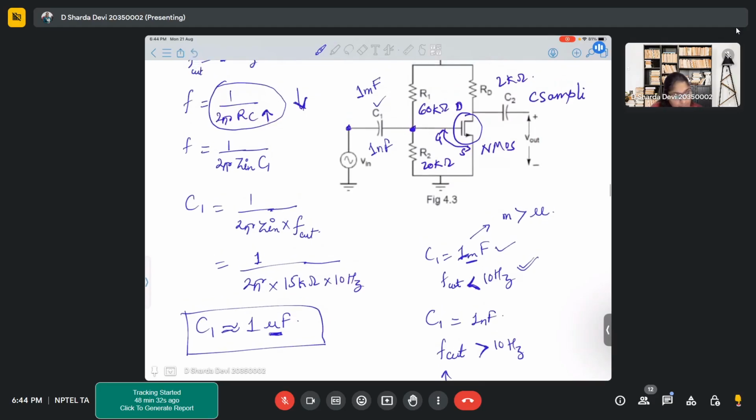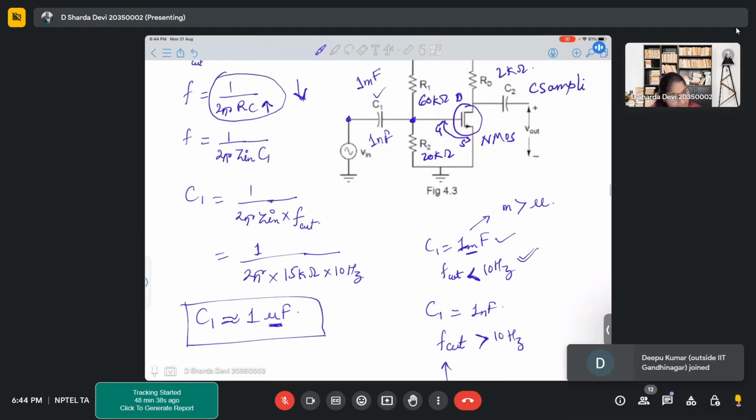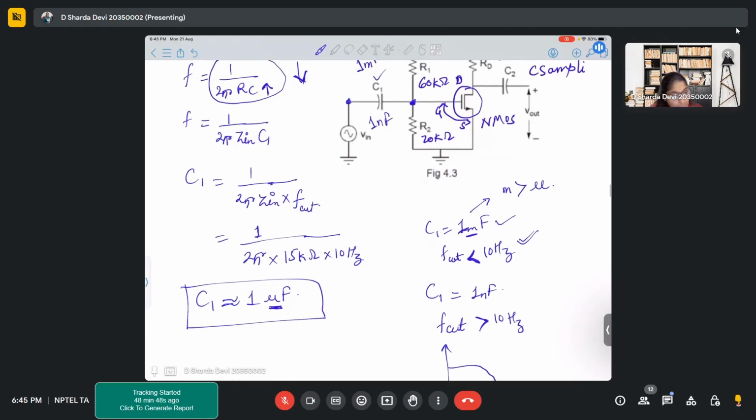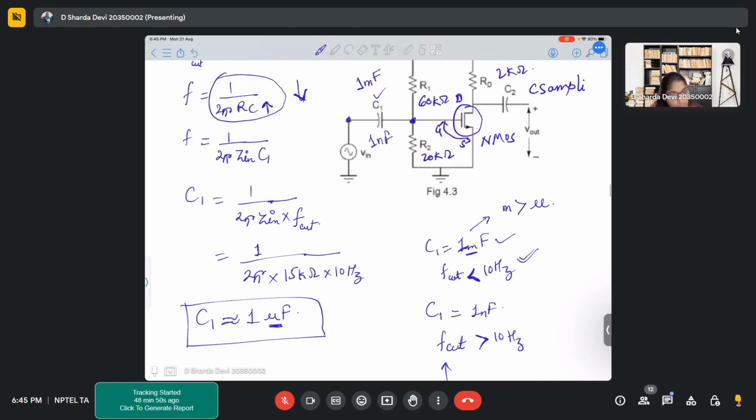So if your frequency is the same 10 hertz, your capacitor is 1 milli, we are saying that F cutoff has reduced. It is less than 10. So what will this capacitor do? Will it let your signal pass completely or will it block?